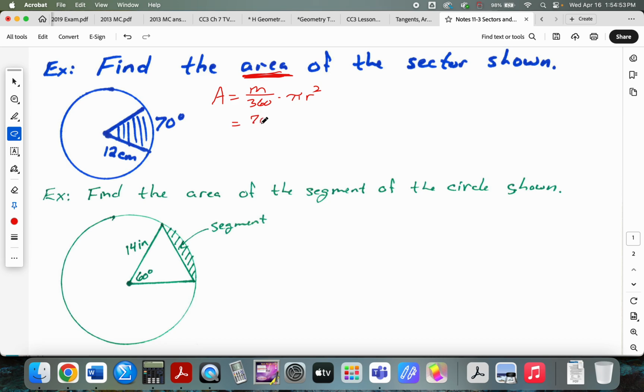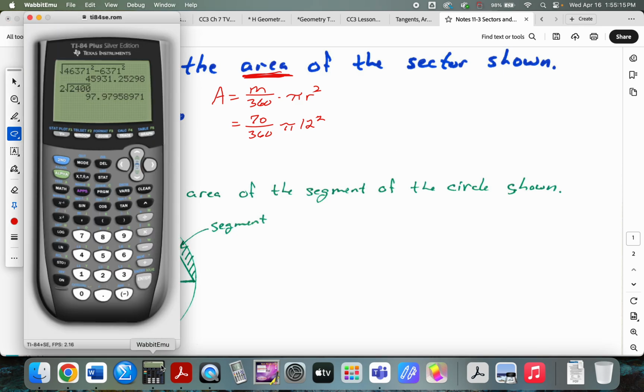So this is going to be 70 over 360 times pi times 12 squared. Sometimes these come out to be really nice numbers. Sometimes they don't. You can always check by putting in everything except for the pi.